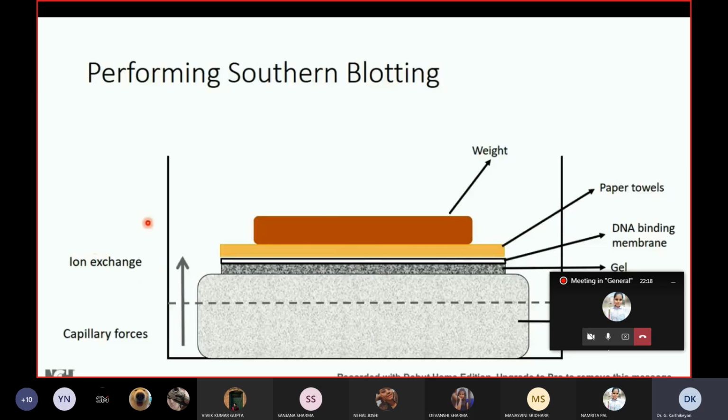So the DNA samples will stick on the membrane, but the water will pass through because the membrane is a kind of filter. Then it reaches the paper towels, which become wet. So I can see that the paper towels are becoming wet, and then I see that the process is working.